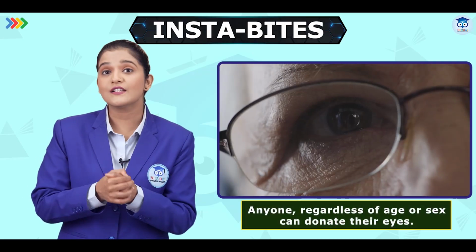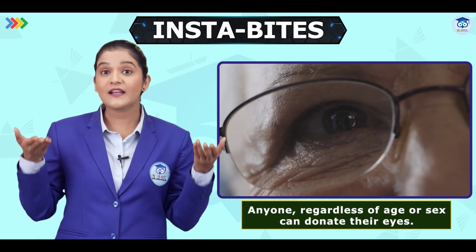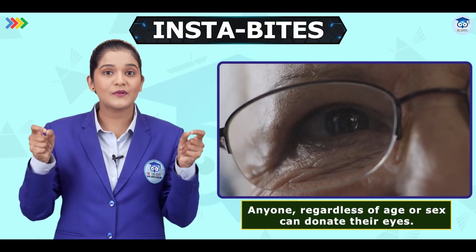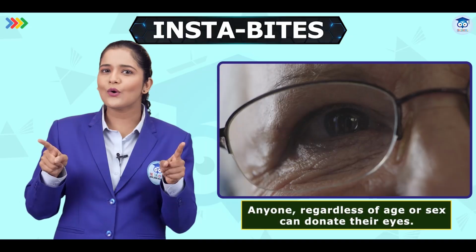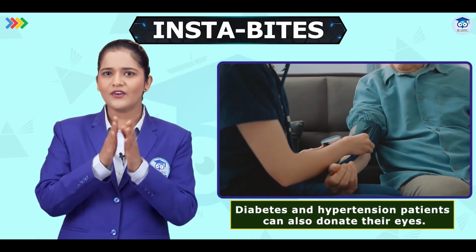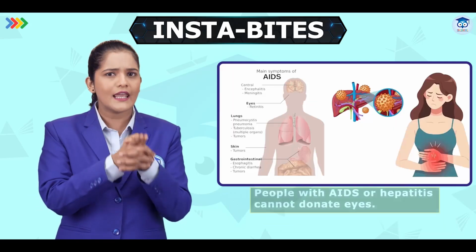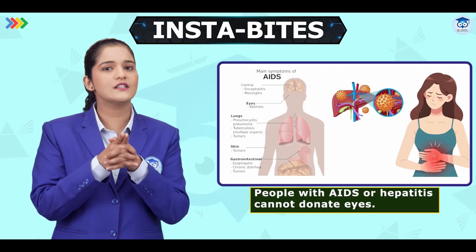Anyone, regardless of age or sex, can donate, including spectacle users, cataract-operated individuals, and those with diabetes or hypertension. However, individuals with communicable diseases such as AIDS or hepatitis are not eligible.